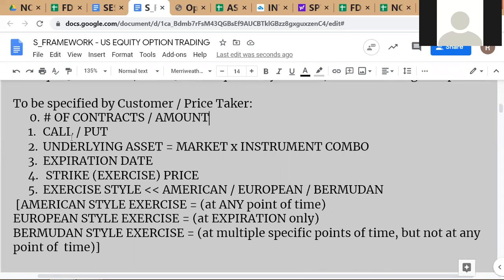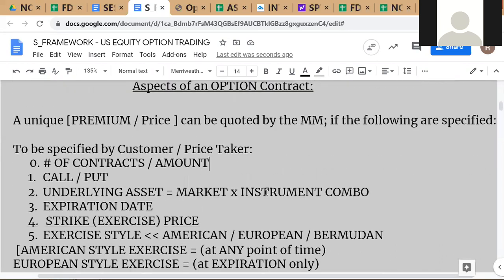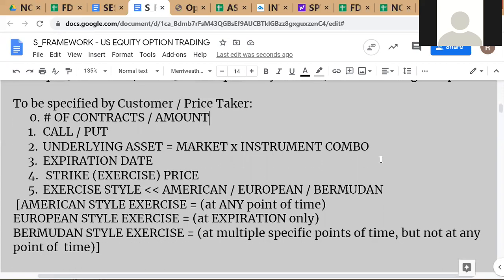This is not really important, but mainly you'll have to tell him the different aspects of an option. If you want him to quote you a price, you'll have to tell him whether this is a call or a put. Now, I hope everybody understands the difference between a call and a put. Haven't you guys done this in your FM1, FM2?